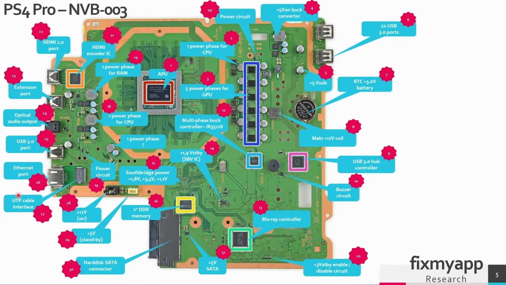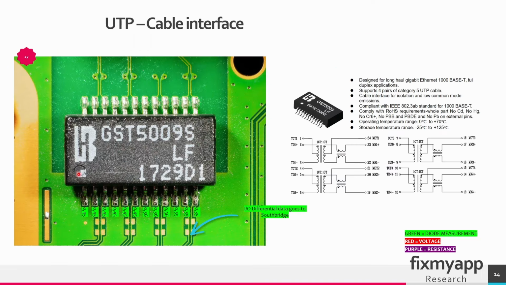The UTP cable interface is located in area 27, that is in this area. This is the cable interface. This is the datasheet of this cable interface. The purpose of this component is to provide magnetic coupling for Ethernet transceivers to ensure that the signal is okay and to reduce the electromagnetic interference, so the EMI.